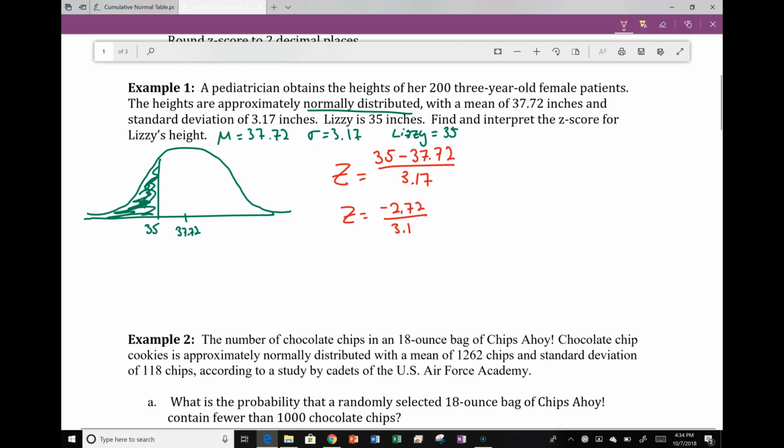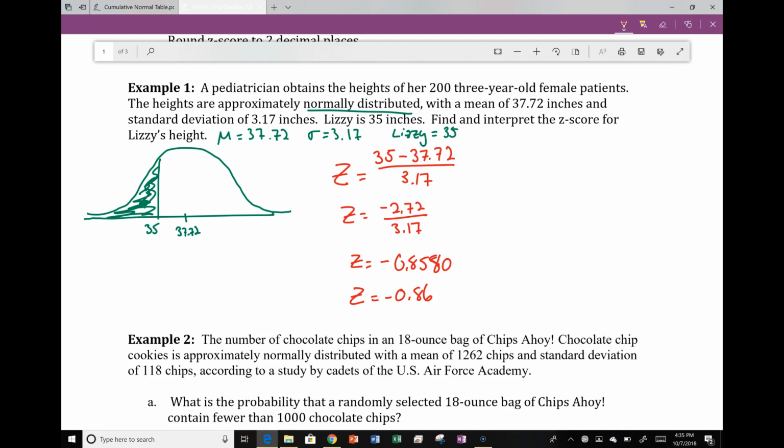So Lizzie's z-score is a negative 0.8580, but again, we round z-scores to 2 decimals. So she has a z-score of negative 0.86 because we want 2 decimal places. The third decimal place bumps up that other one.